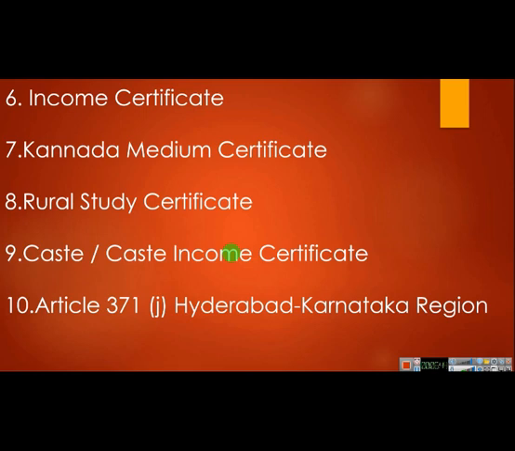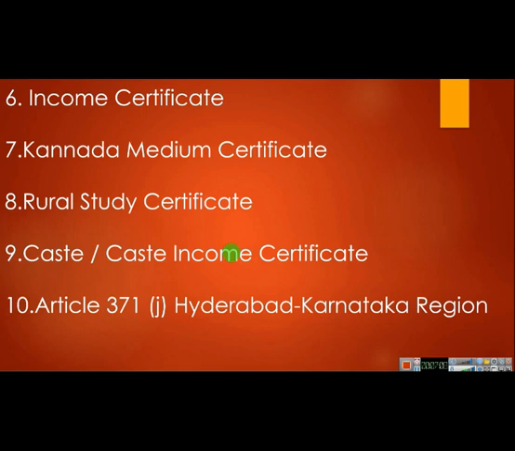The next one is the Kannada medium certificate. This is an exception. Those who have studied in the Kannada medium have to submit this Kannada medium certificate. Those who have studied in the English medium don't have to worry about this 7th one. The next one is the 8th one, the rural study certificate, and you don't have to worry about it either.